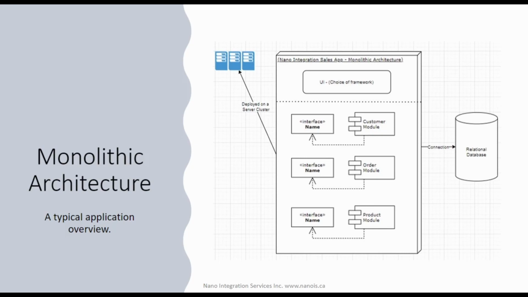For example, there is a customer module, an order module, and a product module, and this application is connecting to a database and is hosted on a clustered environment. This is more or less a typical view of architecture for any monolithic application.